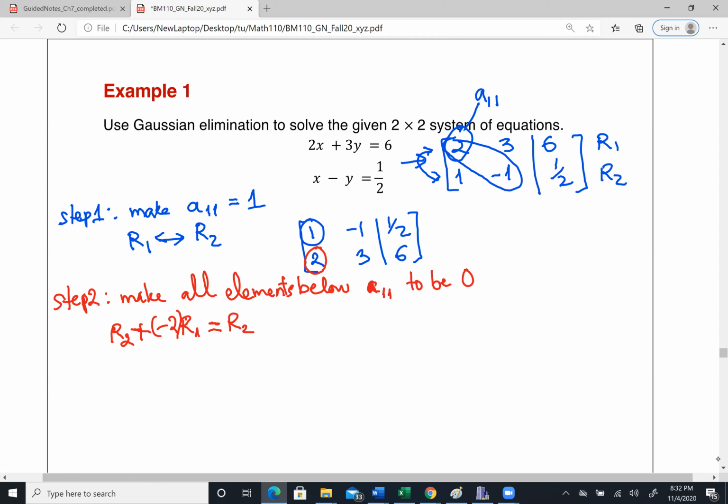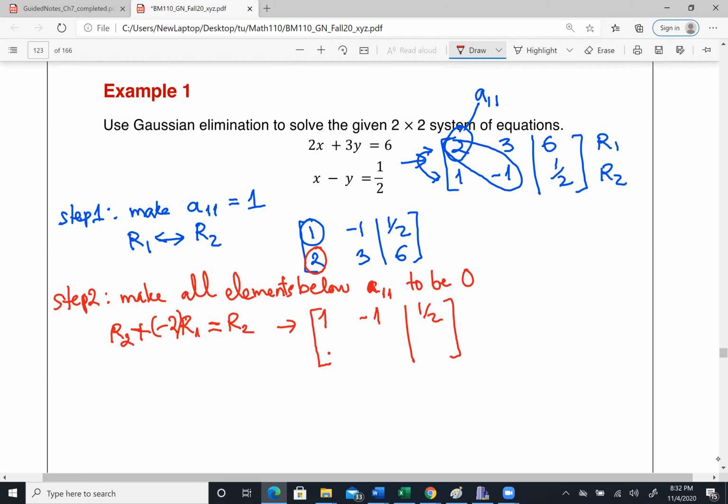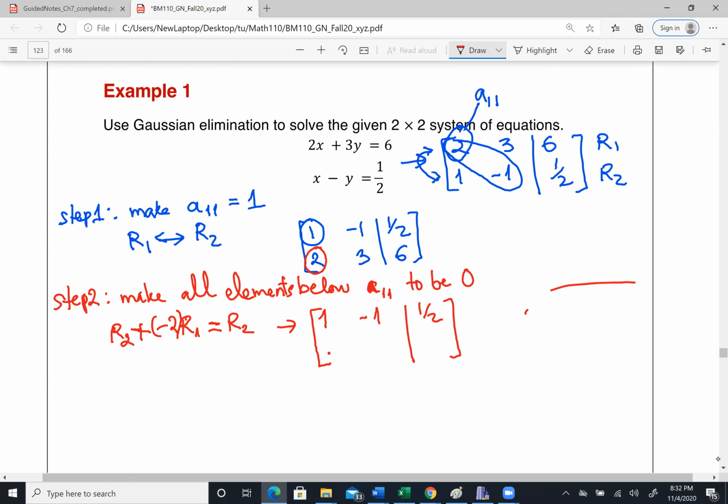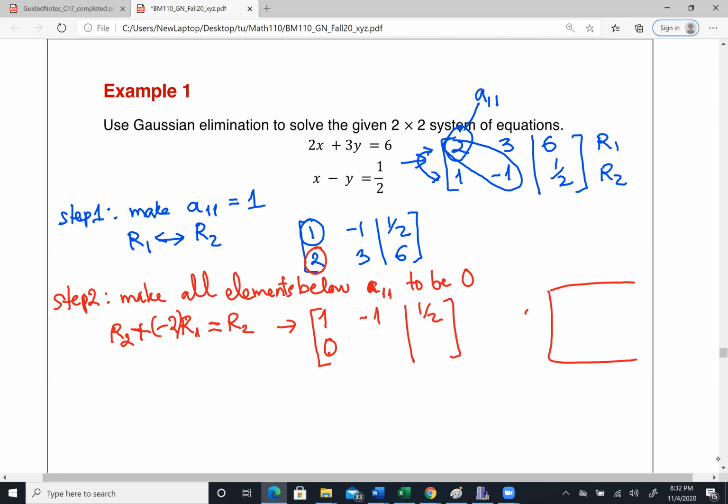Now row 1 will stay the same: 1, -1, and then 1/2. But now for row 2, the first element should be equal to 0 easily, because we did it by graph before, right?